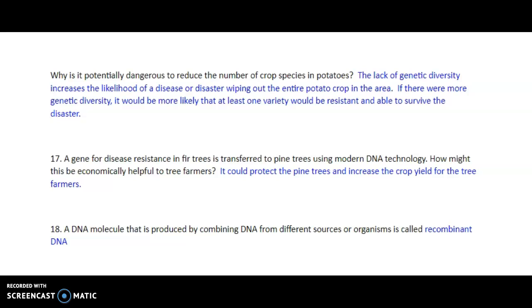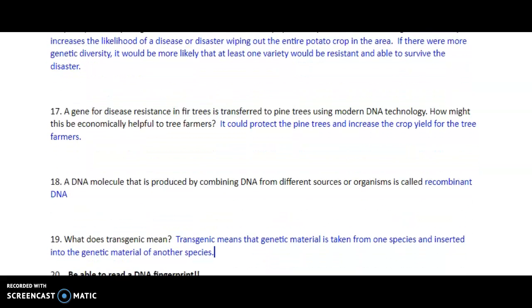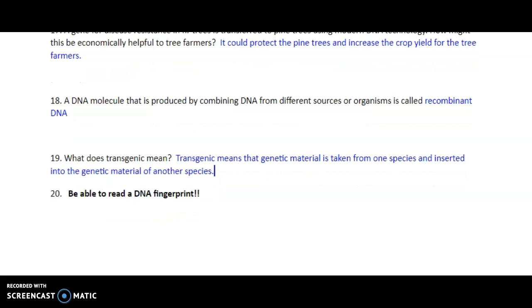Number 18, a DNA molecule that is produced by combining DNA from different sources or organisms is called recombinant DNA. We're recombining those DNAs. Recombinant DNA technology. Number 19, what does transgenic mean? Transgenic means that genetic material is taken from one species and inserted into the genetic material of another species.